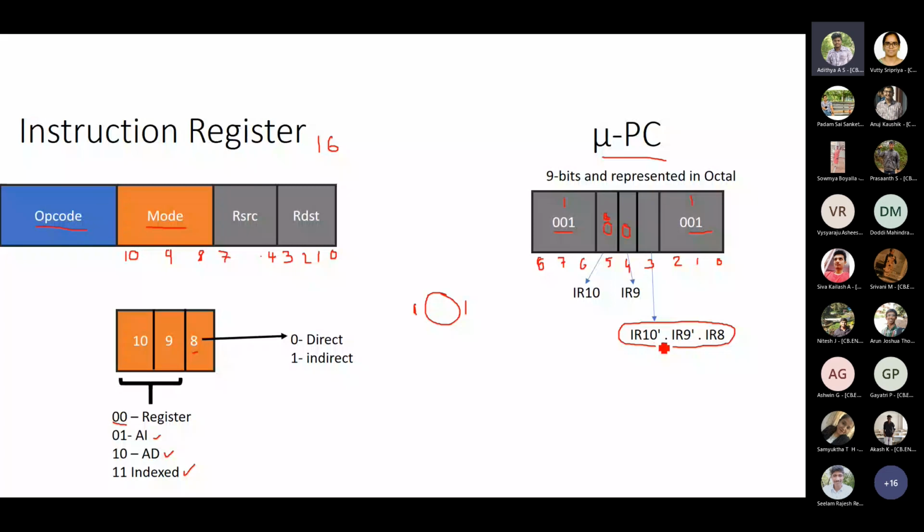Very good. IR10 bar, IR9 bar, IR8. It is direct, so this is 0. No matter what this combination is, this is going to be 0. So what will be the jumping address location for executing add if it is a register direct instruction? It would be 101. Is it clear to all of you?